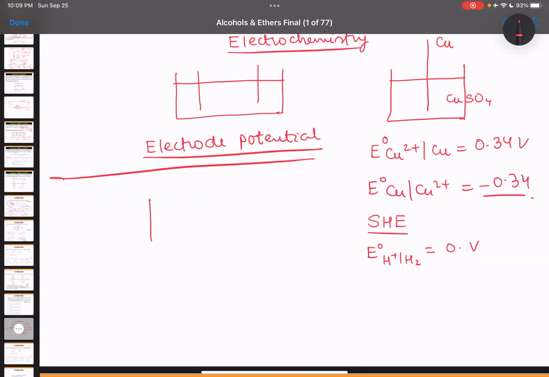Very simple it is. Suppose each metal has its tendency to either gain or lose electrons. So when you dip a copper rod in copper sulfate solution, two things can happen. Either the copper atoms on the rod can give away two of their electrons to the rod, and the copper ions will get into the aqueous solution.